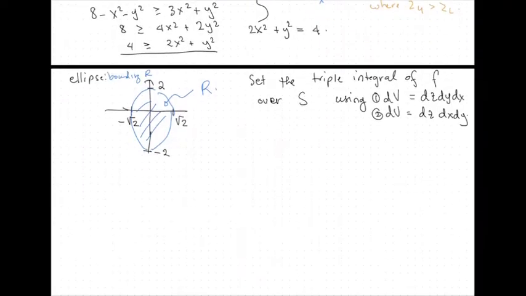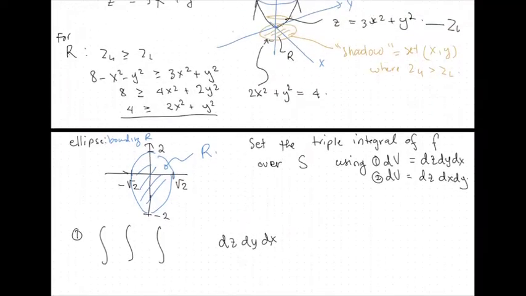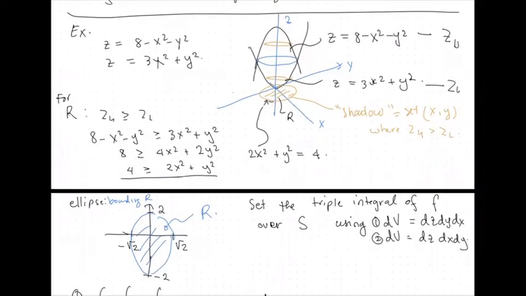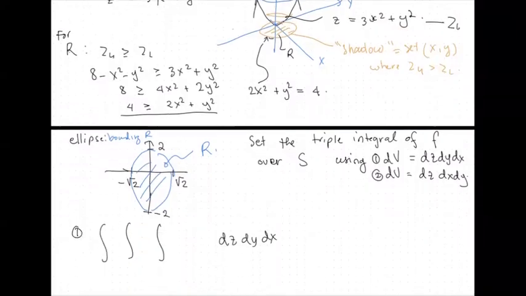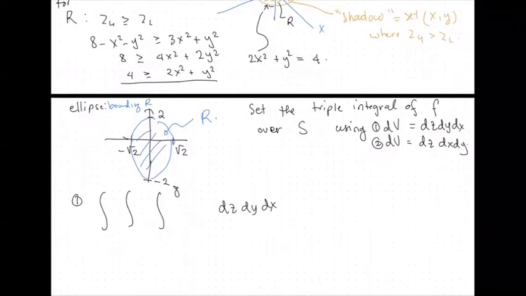Now, the first one is the following integral. So dz, dy, dx. For the upper limit, it's just this one, and then the lower limit is just this one. So this is just 8 minus x squared minus y squared, and then 3x squared plus y squared. So here, we need to express y in terms of x.